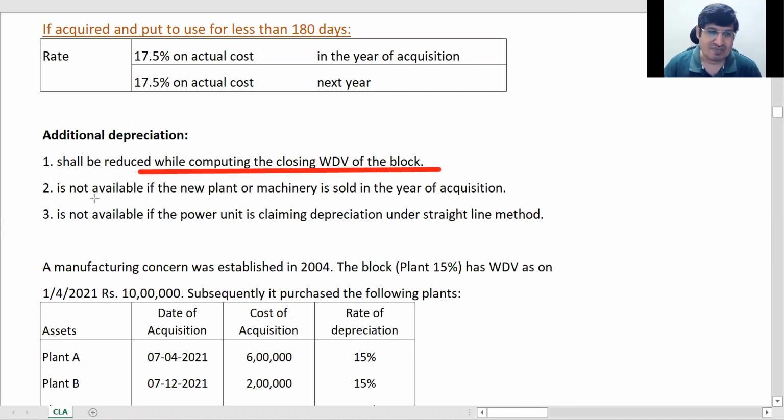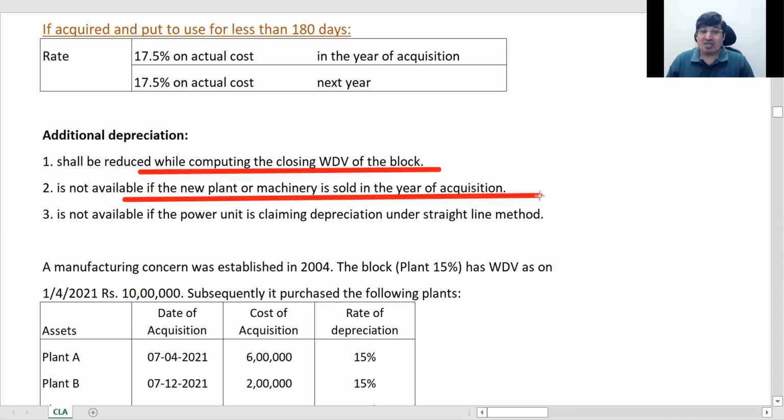That's all. Okay. Is not available if the new plant or machinery is sold in the year of acquisition. So this is only for additional depreciation. इसका कोई impact आपके normal depreciation में नहीं पड़ता है. If you sell it in the same year, there's no such impact.